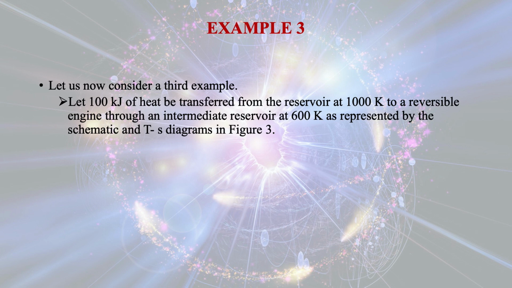Let us now consider a third example. Let 100 kilojoule of heat be transferred from the reservoir at 1000 Kelvin to a reversible engine through an intermediate reservoir at 600 Kelvin as represented by the schematic and TS diagram in figure 3. Let us look at figure 3 and see the process.